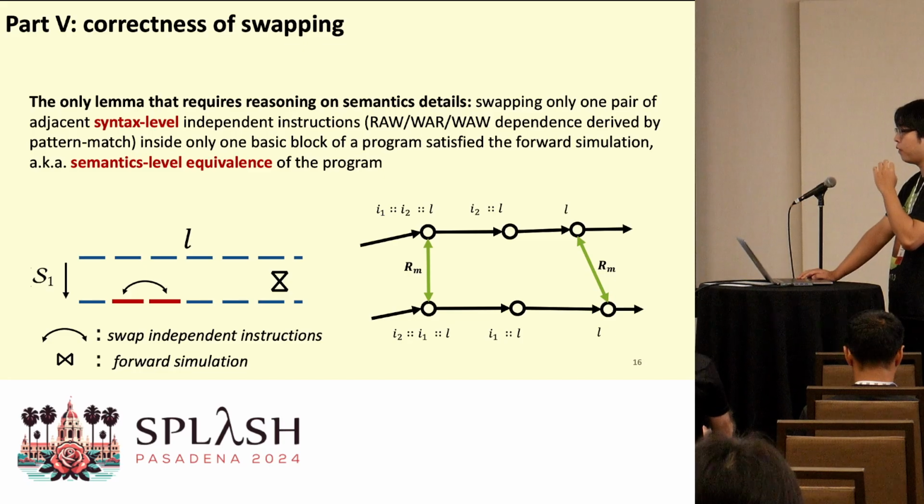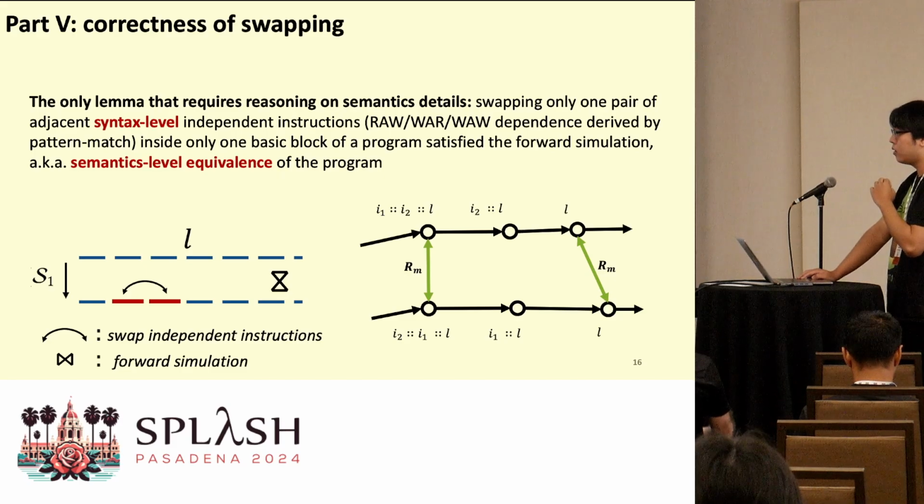We want to prove the semantic preservation of the smaller passes, which we named simple swappers, that only swap two adjacent but independent instructions. And here's the only place we will go into the semantic details on the execution of a program. The previous part only involves syntax.